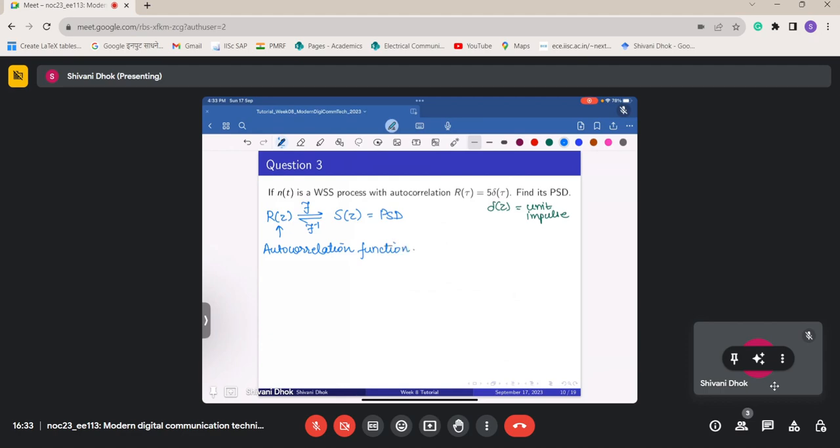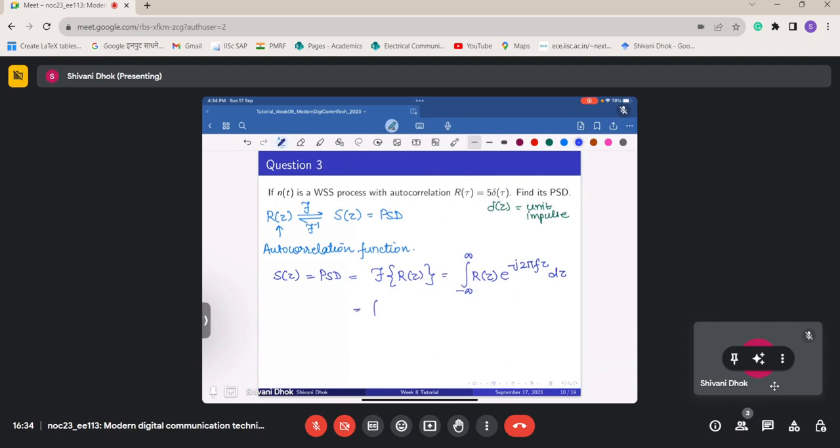Therefore, if I need to find the power spectral density, or the PSD, of this particular N(t) process, I just need to take the Fourier transform of this autocorrelation function that is given. So this S(f), which is equal to the PSD, is basically the Fourier transform of this R(tau), and this is nothing but the integral from minus infinity to infinity of R(tau) e^(-j2 pi f tau) d tau.